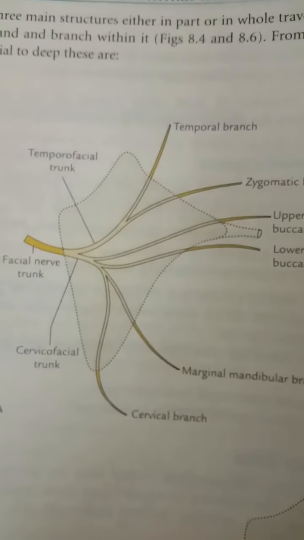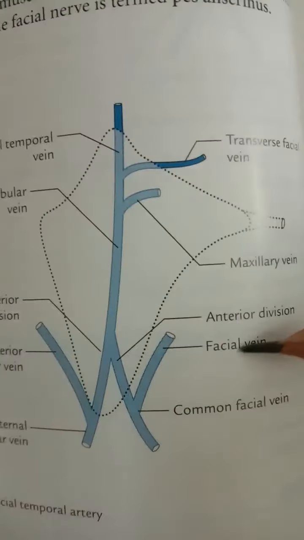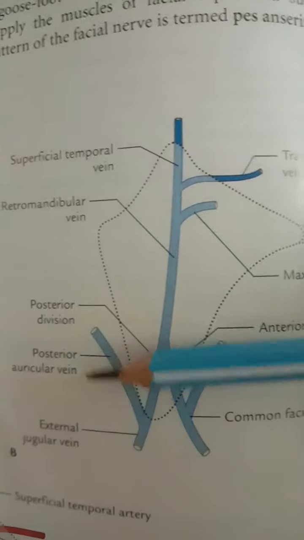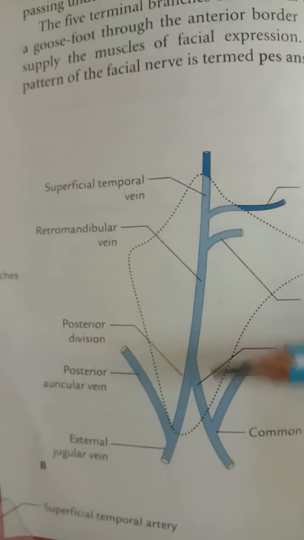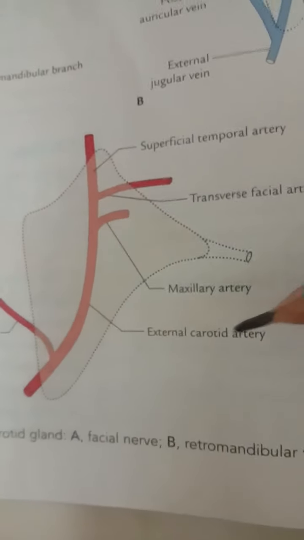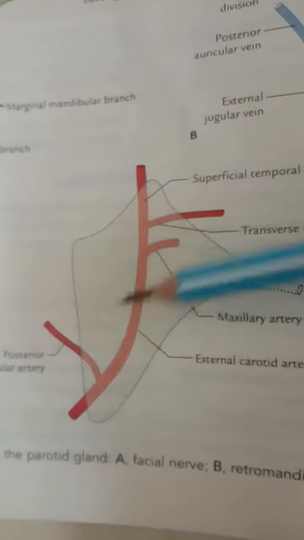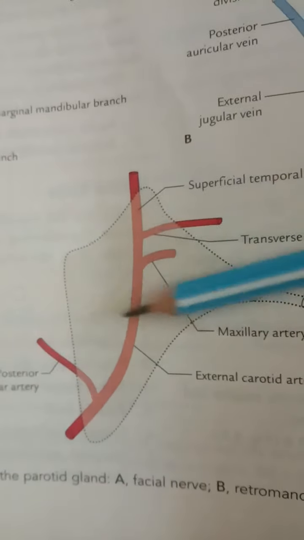Second is the retromandibular vein. Here you can see the retromandibular vein, and these are the tributaries of this vein. And the third one is the external carotid artery. Here you can see the external carotid artery and its branches.